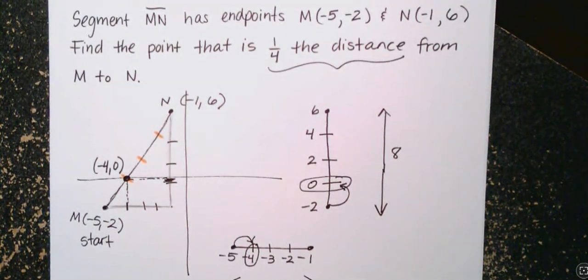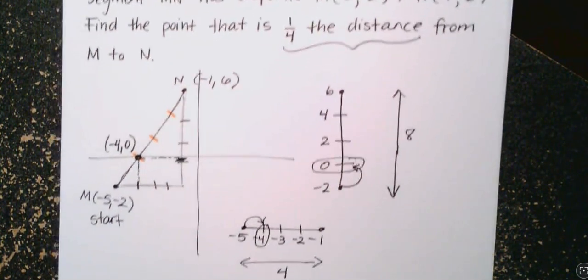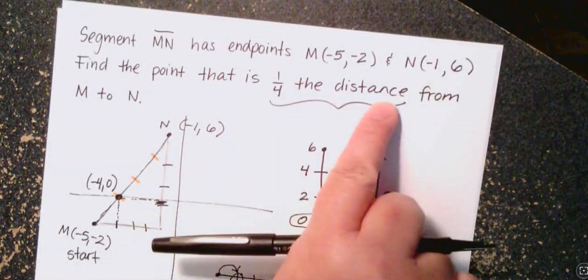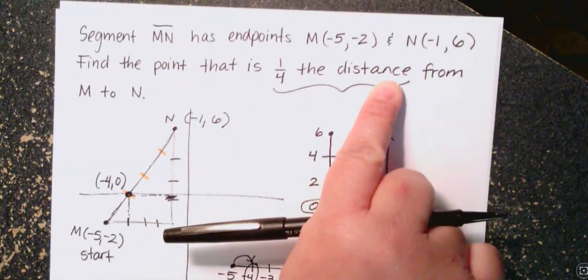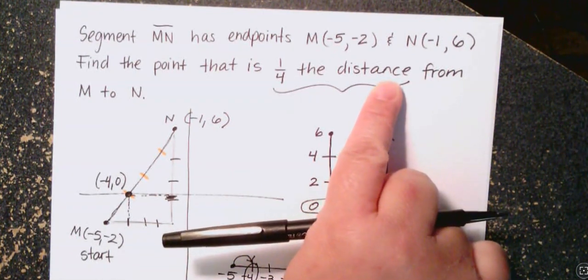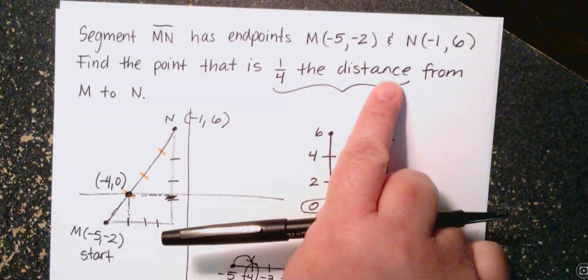Now, the other way they're sometimes asked is, instead of saying a certain fraction of the distance, it's given to you as a ratio.